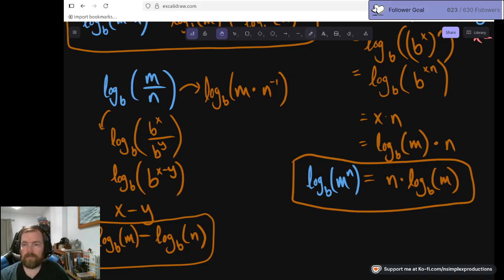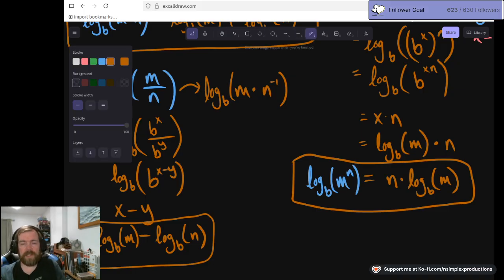Alternatively, if we took this as log base b of m times n to the negative first, we can use both of those properties that we see there, and we could say, okay, well, now it's multiplied. So we can make this the log base b of m plus log base b of n to the negative first.